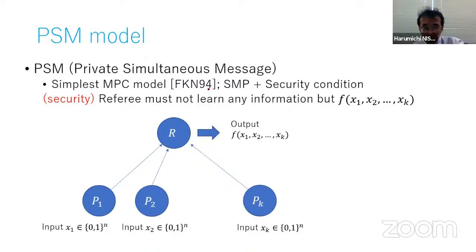But we add a security condition. This security condition is that the referee must not learn any information but F. So from this output, the referee does not learn anything except this value itself. This is the security condition.